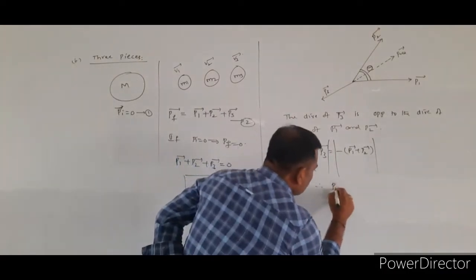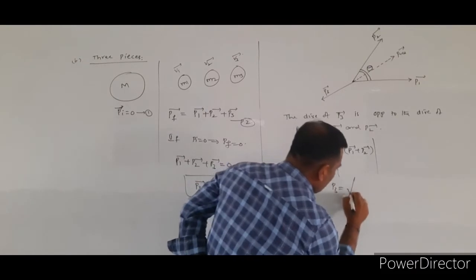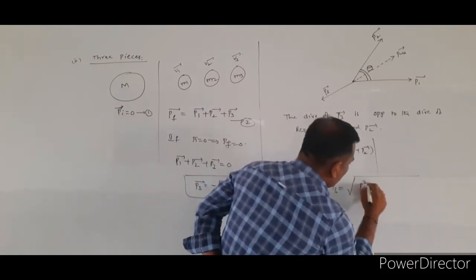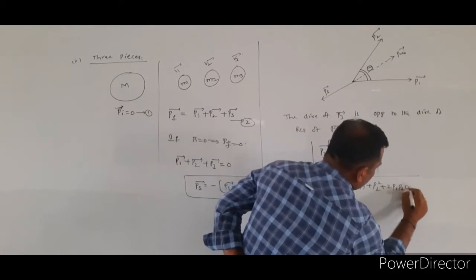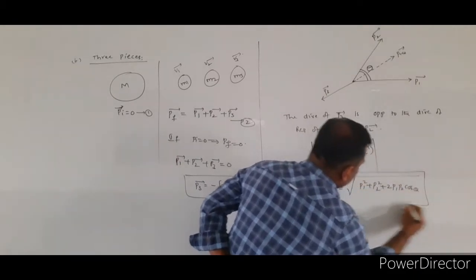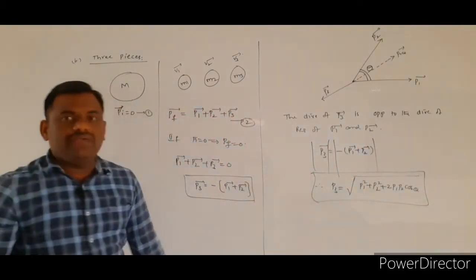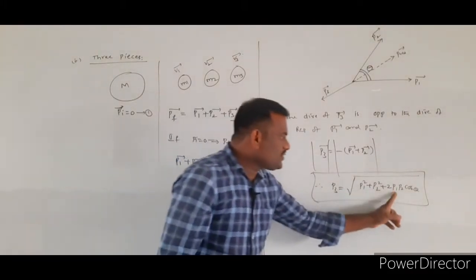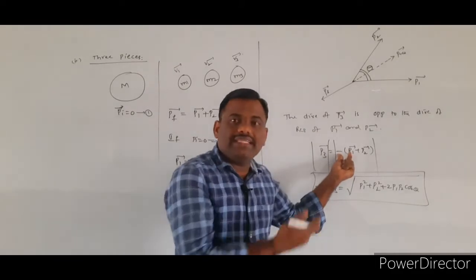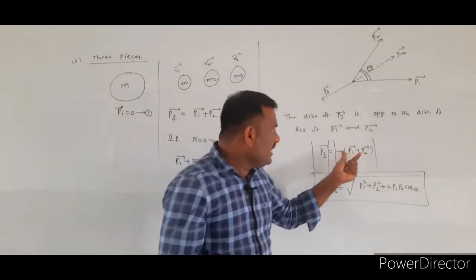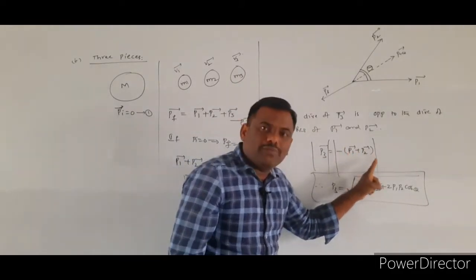Therefore, the magnitude of P3 will be given by the square root of P1 square plus P2 square plus 2 P1 P2 cos theta. Since the minus is within the modulus, it becomes plus. Here P1 bar plus P2 bar will be there.